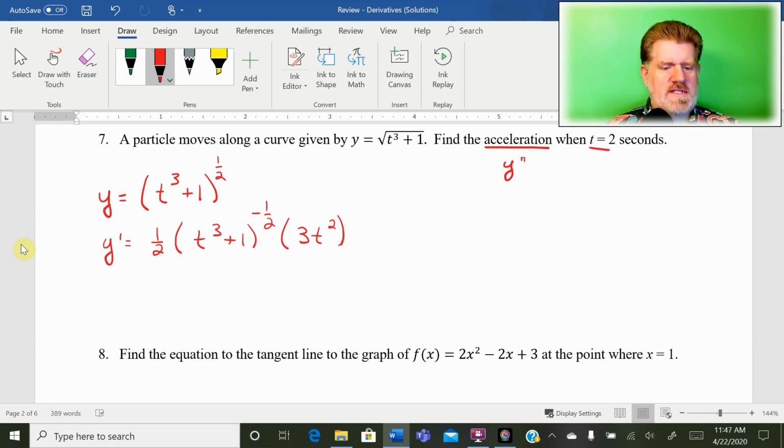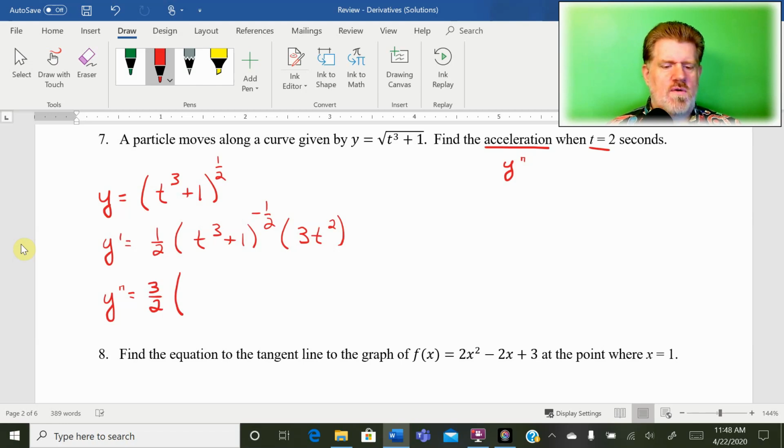But now we need the second derivative. So you see now we've got a product rule on top of this thing. Just to get it out of my way, the 3 and the 1/2 are constants, so they really don't affect anything until the end, so we can pull them both out.